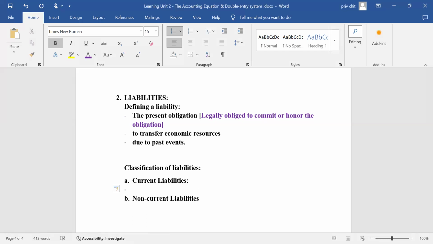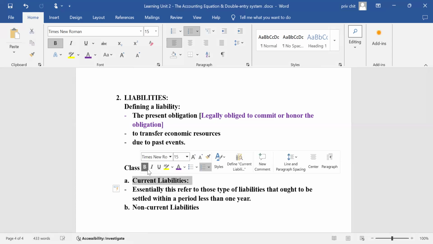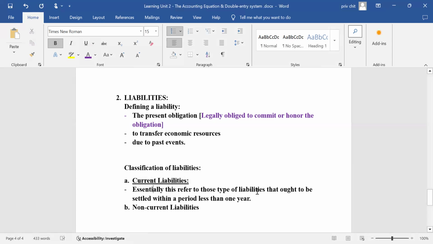A current liability refers to those types of liabilities that ought to be settled within a period of less than 1 year. That's what current liabilities really are.